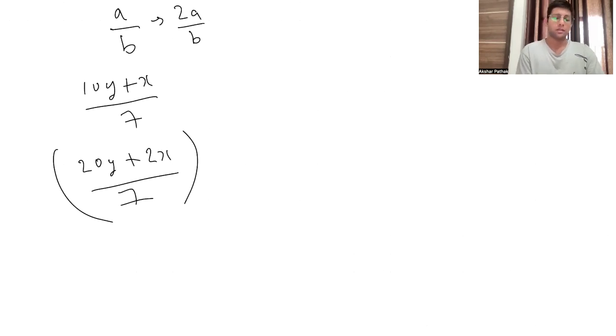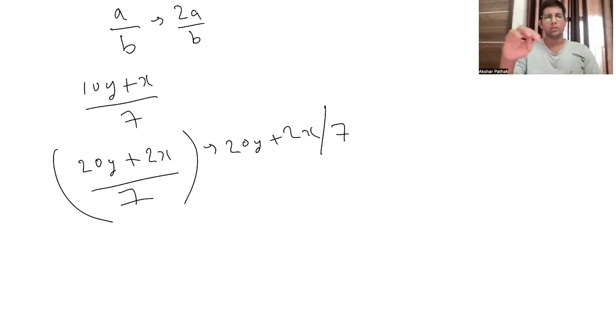Now, we know that 20y plus 2x is divisible by 7, since we assume that 10y plus x is divisible by 7. So 20y plus 2x is automatically divisible by 7. Now, how can we simplify 20y plus 2x? Now it's easy.